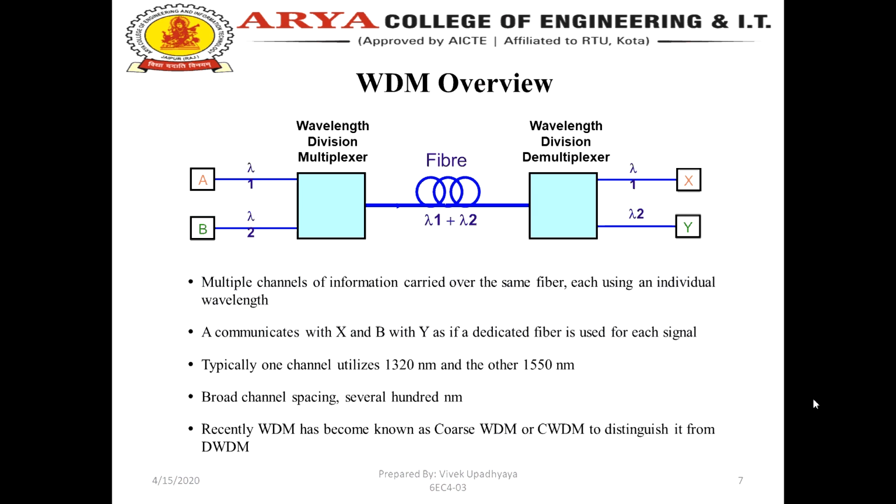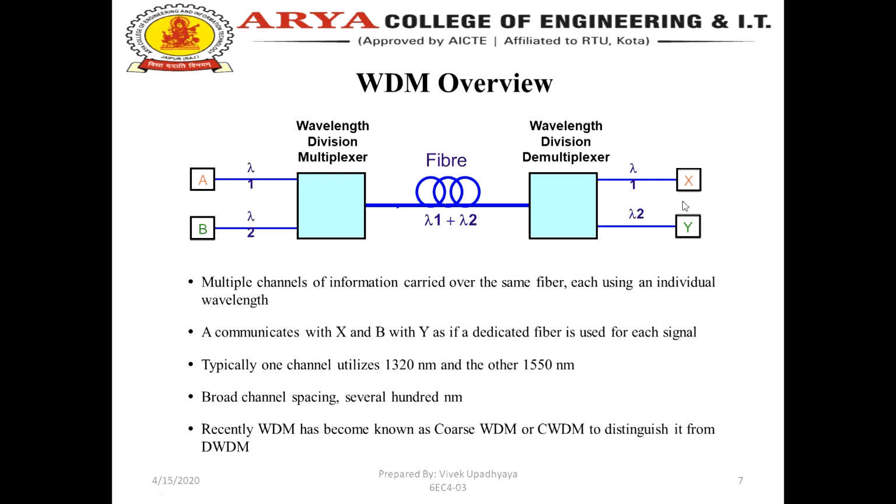So the WDM overview. Here we can see the four ports A, B and X, Y. A and B want to communicate with X and Y. A and B are at the input end, the wavelengths are lambda 1 and lambda 2, and X and Y are at the output ends.